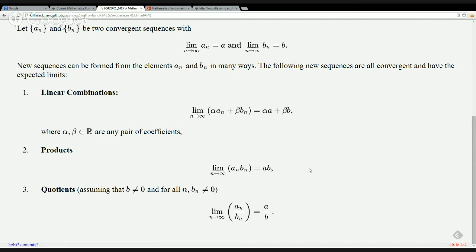So I basically want to generate epsilon over 2 here, and generate the other half of epsilon over here. In the first part, generate epsilon over 2. The second part, generate epsilon over 2. So I want to take some multiple of epsilon over 2 in both cases, but I want a 1 over the absolute value of alpha there, and a 1 over the absolute value of beta here.